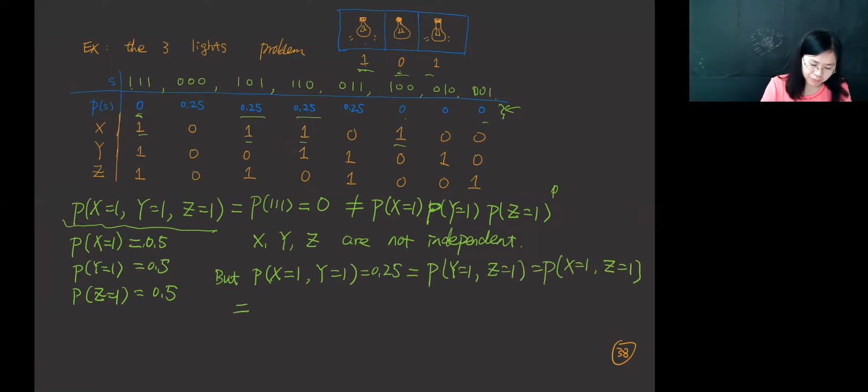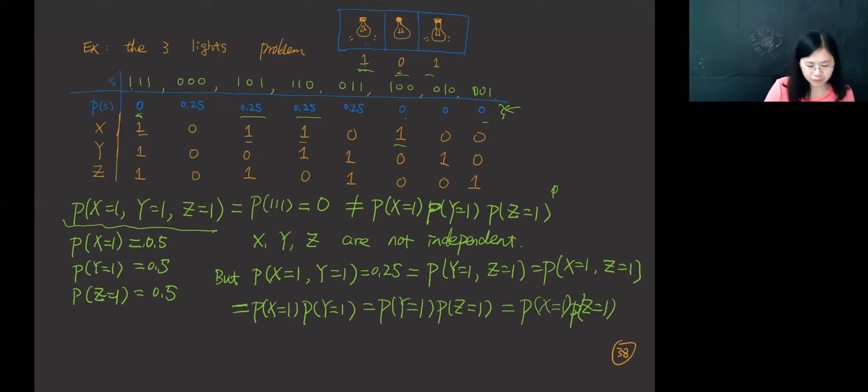And these pairwise joint probabilities do satisfy the product rule. And you can verify this for all combinations of the values.